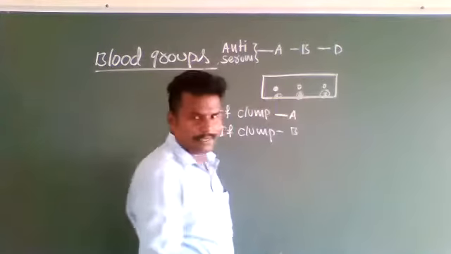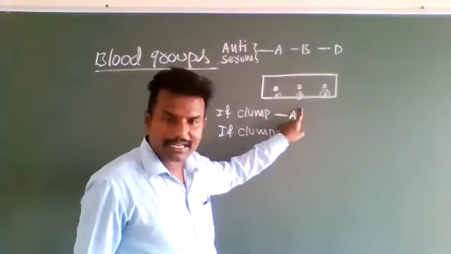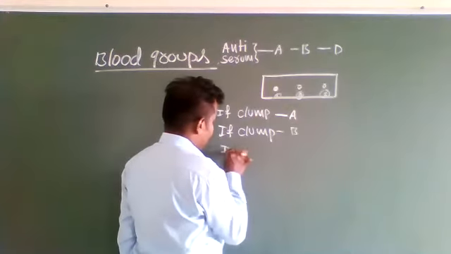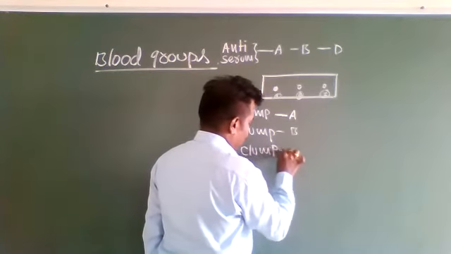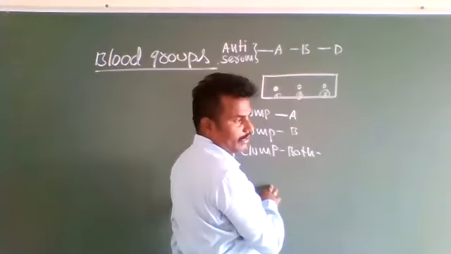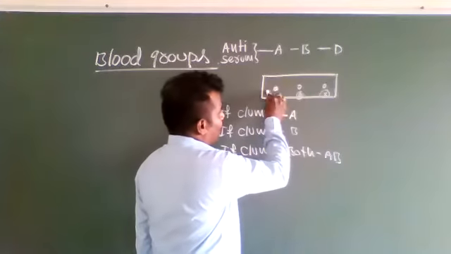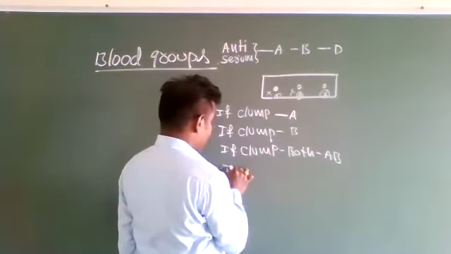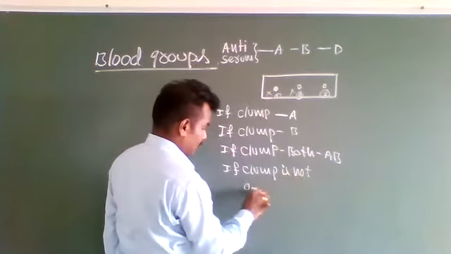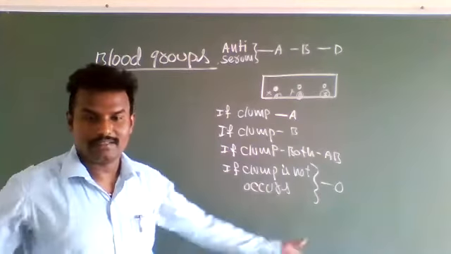If there is clumping with both anti-serum A and anti-serum B, in both places, then the blood group is AB. If there is no clump in either, then the blood group is O. Very simple.